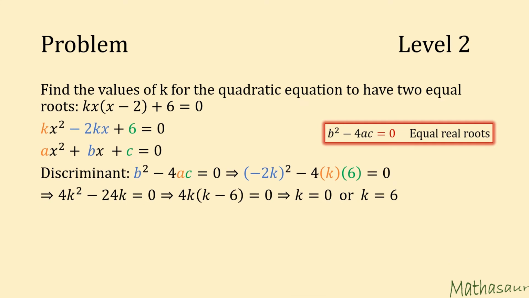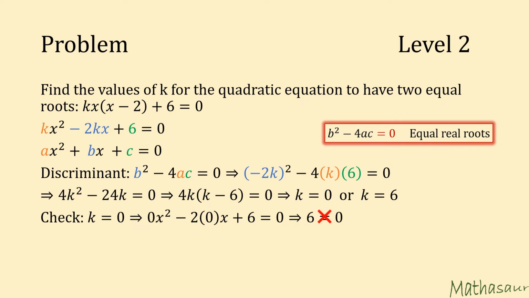Now let us check which of these values would give us equal real roots. If we put k is equal to 0, we get 6 is equal to 0, which is incorrect. That's not possible. Hence k is equal to 0 is not a solution.